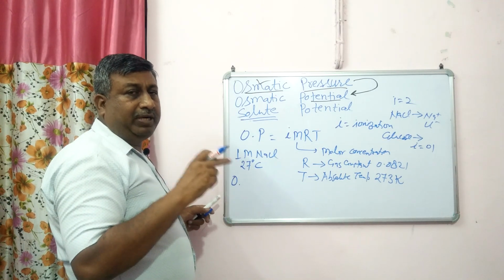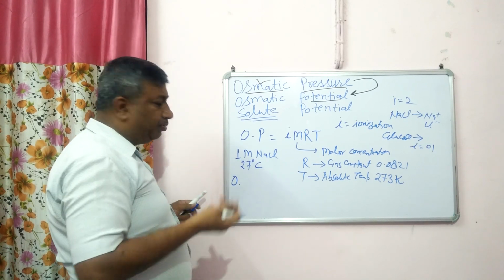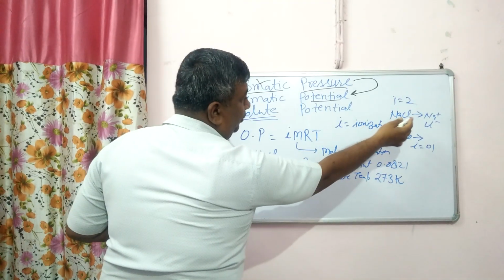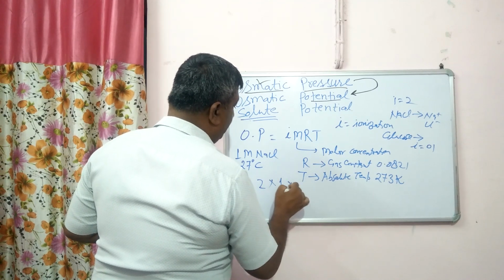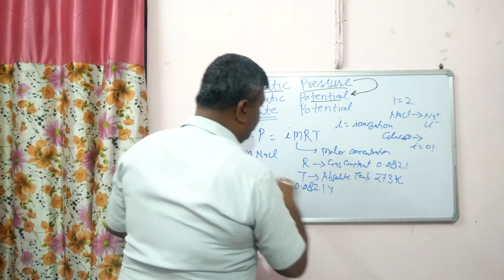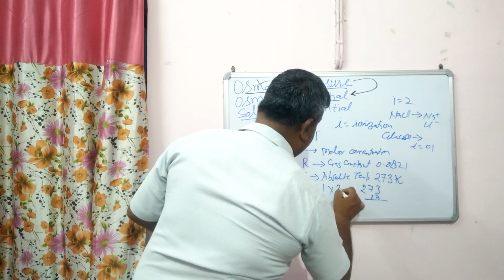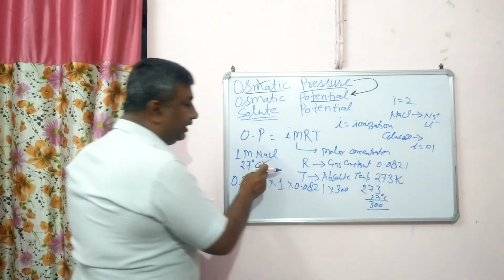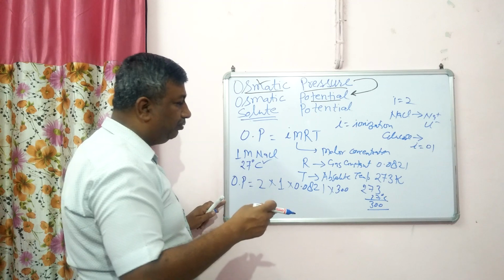If 58.5 gram NaCl is dissolved in 1 liter, then the solution is 1 molar. Then OP is equal to i, which is 2 because it ionizes into 2 ions, M is 1, R is 0.0821, and T is in absolute temperature, so add 273 plus 27, that is 300. So temperature is converted into Kelvin by adding 273 to degree centigrade.